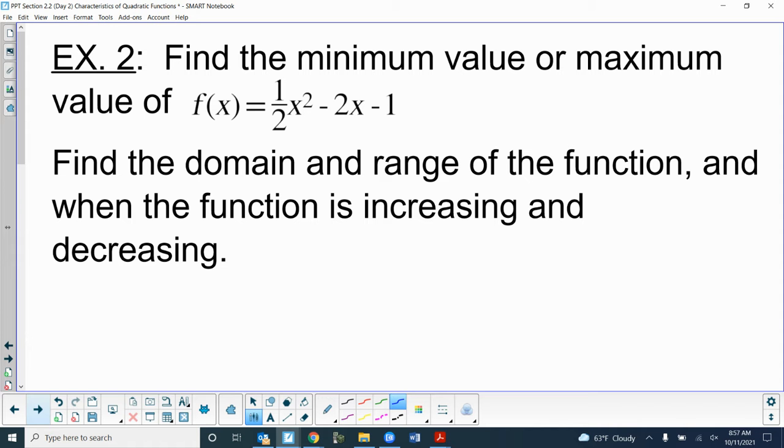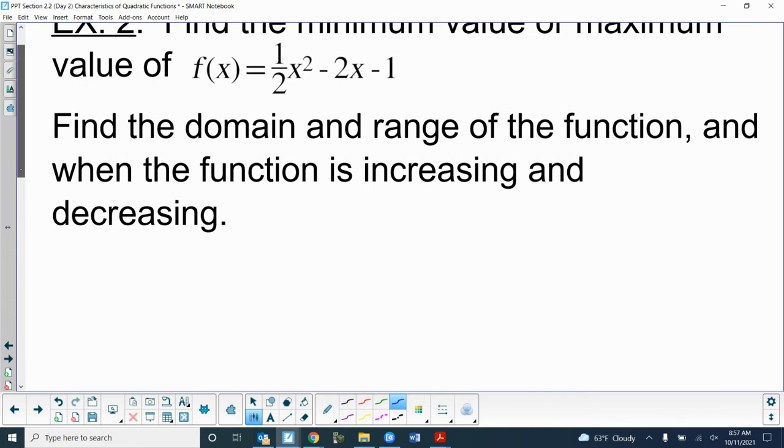It doesn't say we have to graph it, right? But we have to find the min or maximum value. So we have to find the vertex. In order to find the vertex when it's in standard form, we have to figure out the axis of symmetry. So we have to find those out anyway, even though we don't have to graph it.